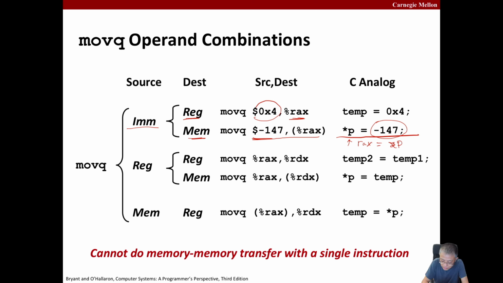You can also move between registers, or from register to memory. You can also move from memory to register. So those are the different combinations for the move instruction. You cannot do a memory to memory move, okay?